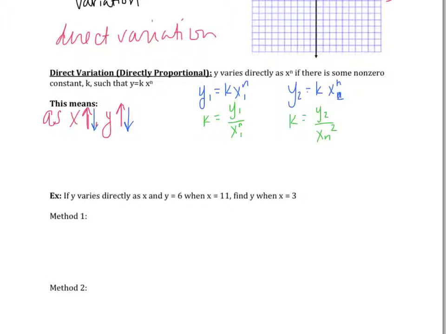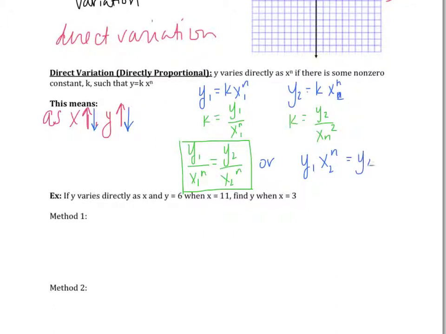Because k is the same in both equations, we have the proportion y1 over x1 to the n equal to y2 over x2 to the n. If I cross multiply, I get y1 times x2 to the n equals y2 times x1 to the n. Both of these relations can be used to find missing values.